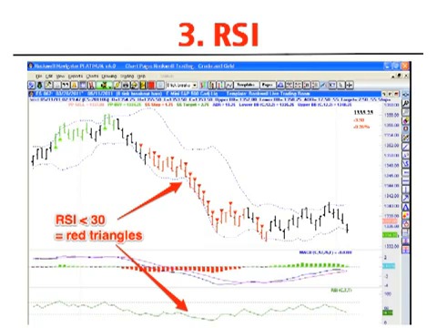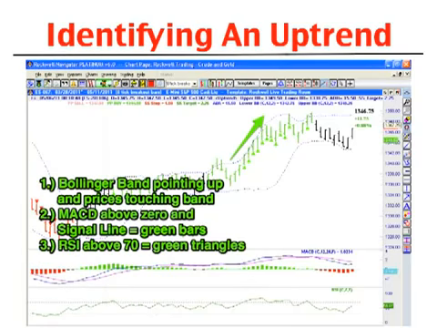Again, I use the RSI to confirm the signals from the Bollinger Bands and the MACD. So let's summarize these very simple rules. In a strong uptrend, I want to see that first, the upper Bollinger Band is nicely pointing up and prices are touching the upper Bollinger Band.